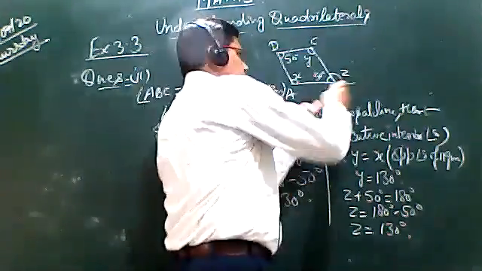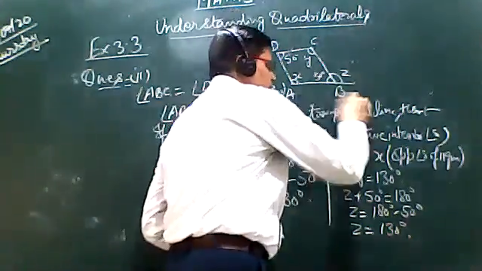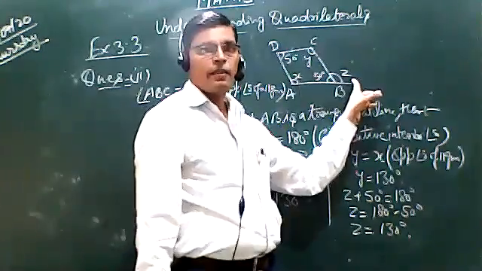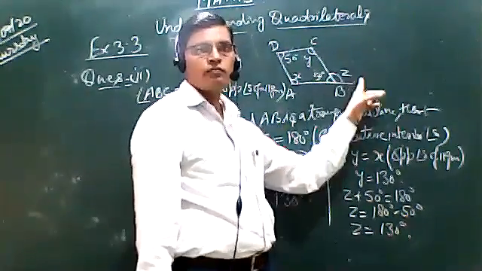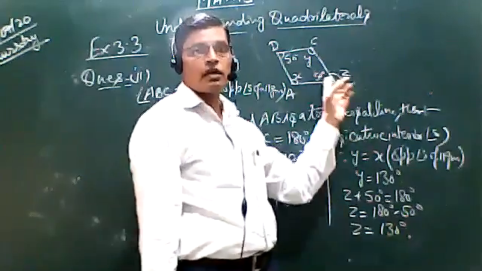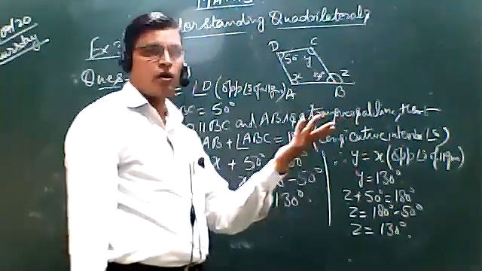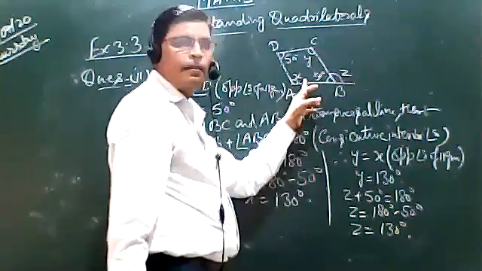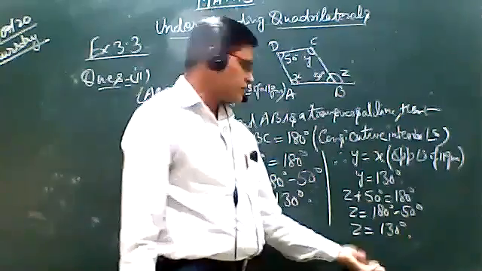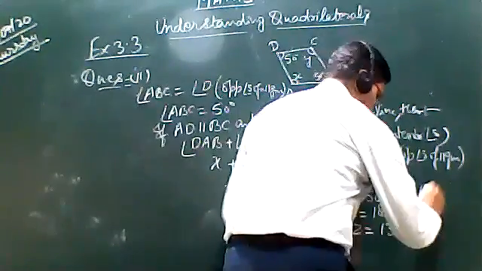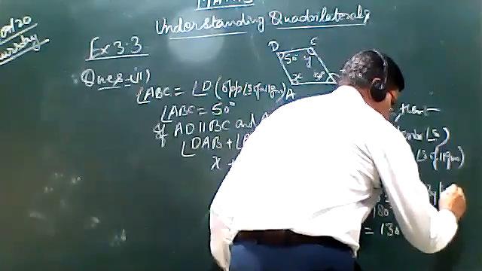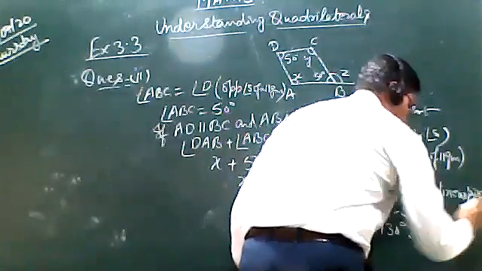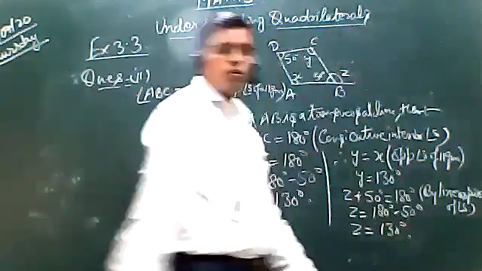Now we can also find it another way. If this line and this line are parallel lines, and this is the transversal line, then this angle is equal to this angle. Why? These are corresponding angles, and corresponding angles are also equal. So we could have found it using corresponding angles too, Z equals X, though we found it by linear pair. Okay.